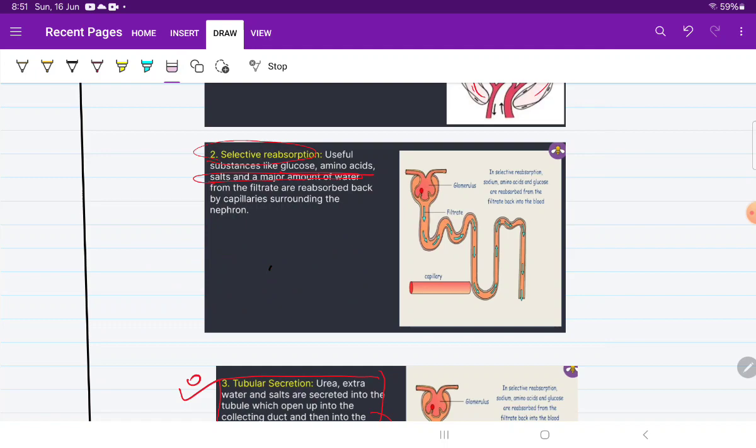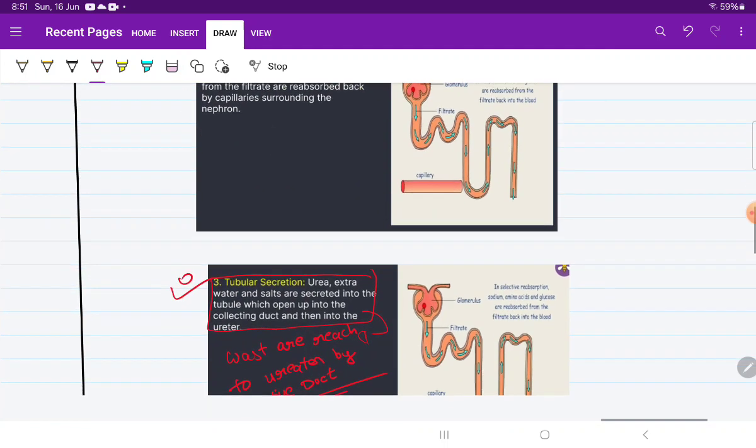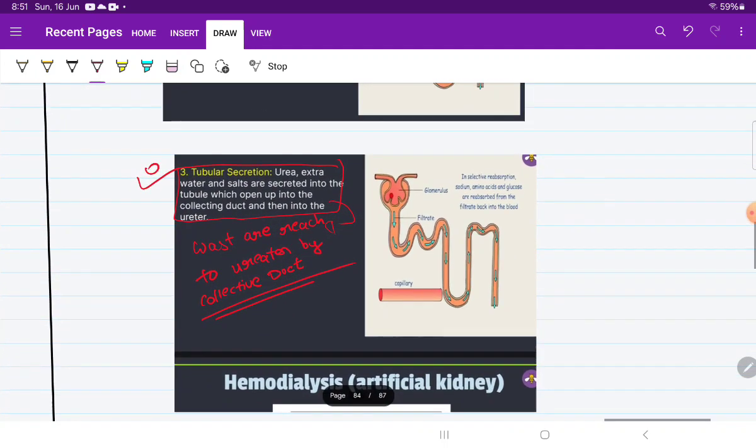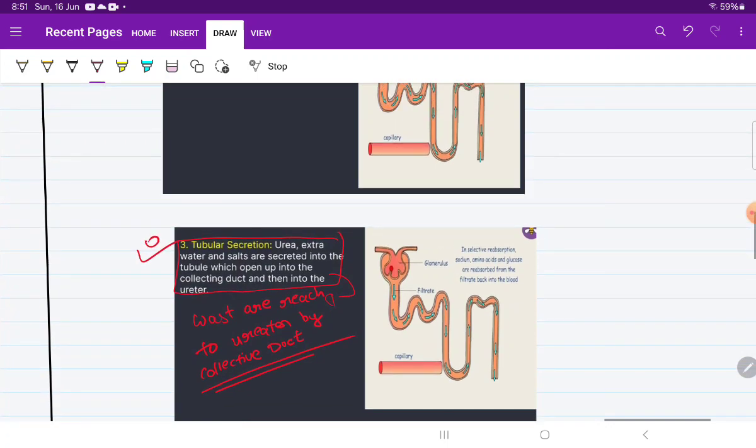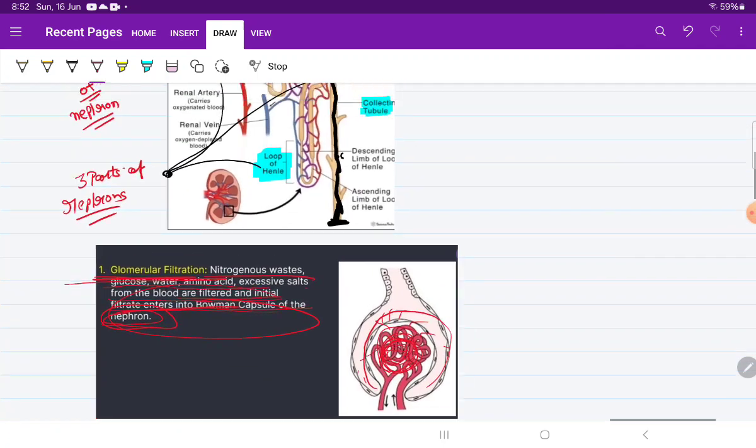Okay. Now let's see the last part of it. After the selective reabsorption, all the waste material is stored in the kidney, then the waste reaches the ureter by the collecting duct. Okay, there is a collecting duct.